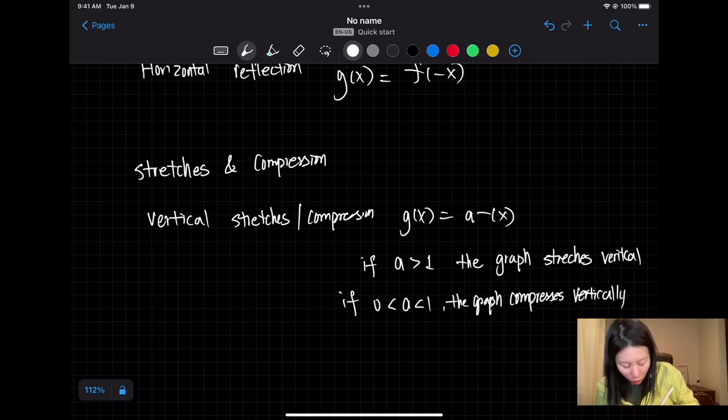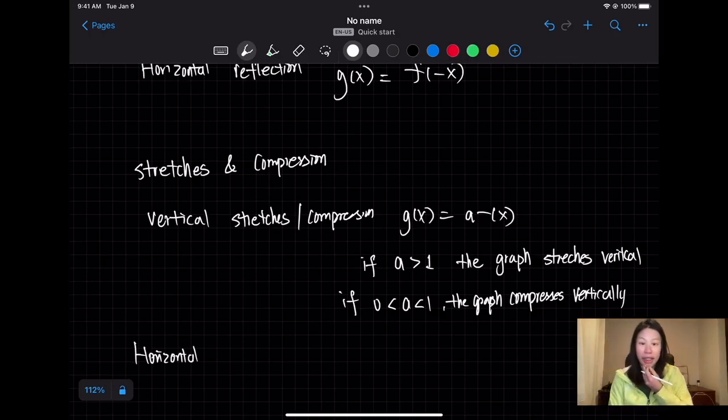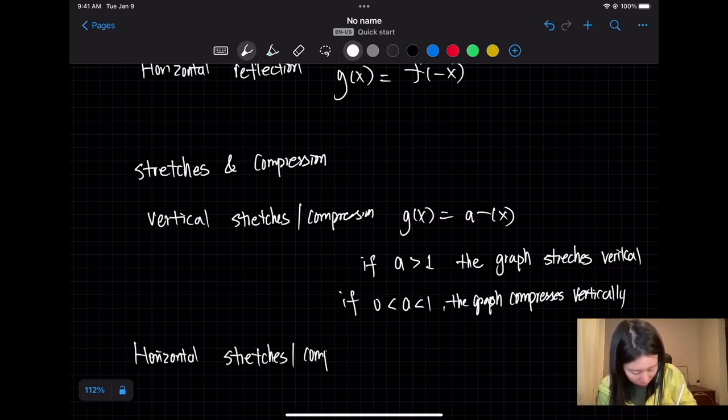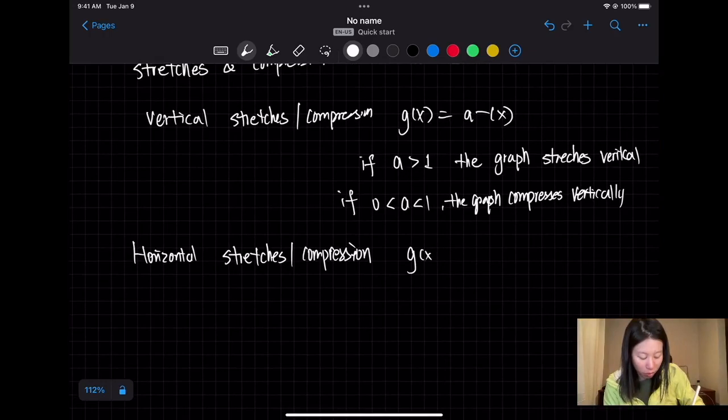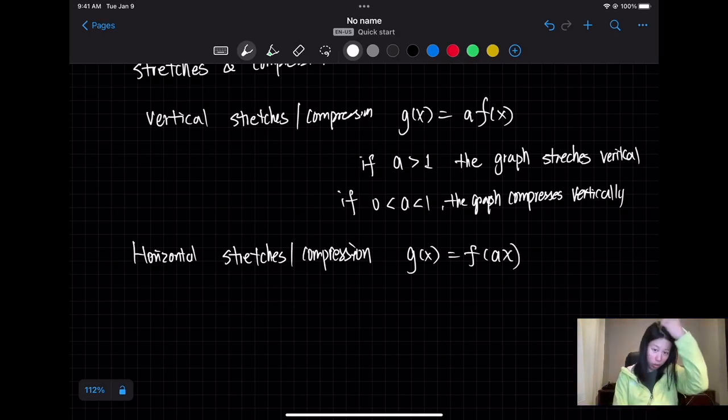So now, what do horizontal stretching and compression look like? Well, we know that it has to be multiplying some number just to x, not to the whole function, because if you work on something horizontally, you want something that's just in x.